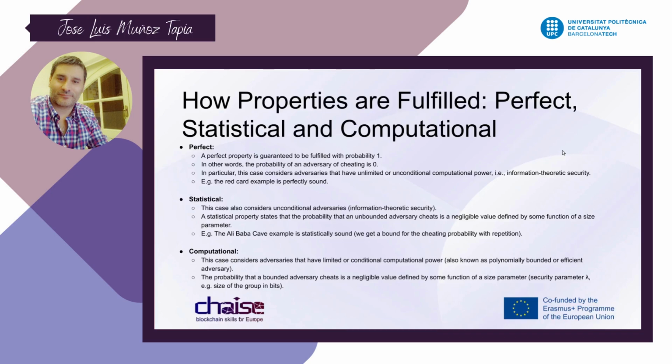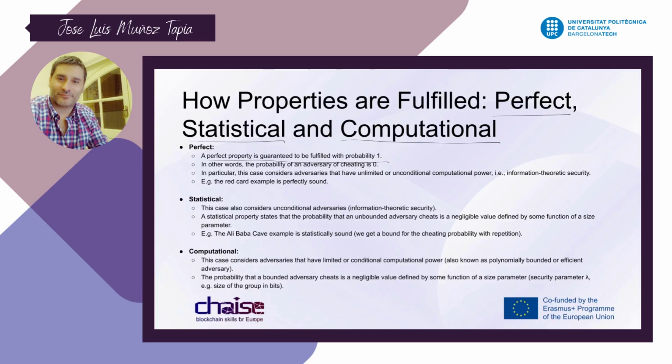They can be perfectly fulfilled, statistically fulfilled, or computationally fulfilled. When something is perfect, it means that this property is guaranteed, or is always true with probability 1. So the probability of not fulfilling the property is 0.